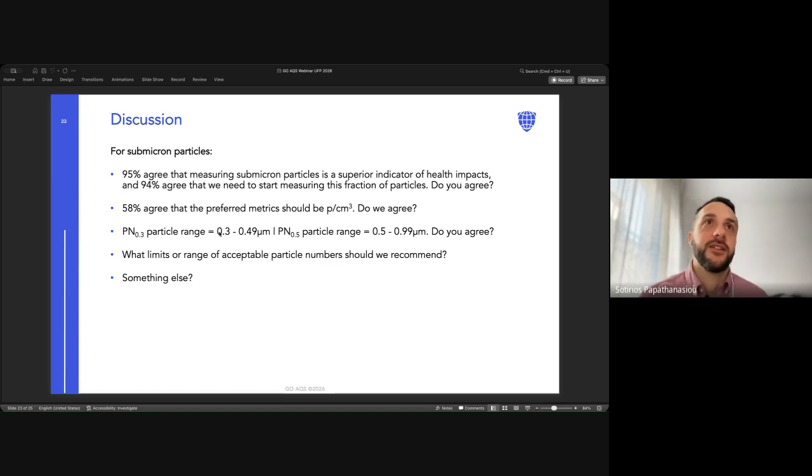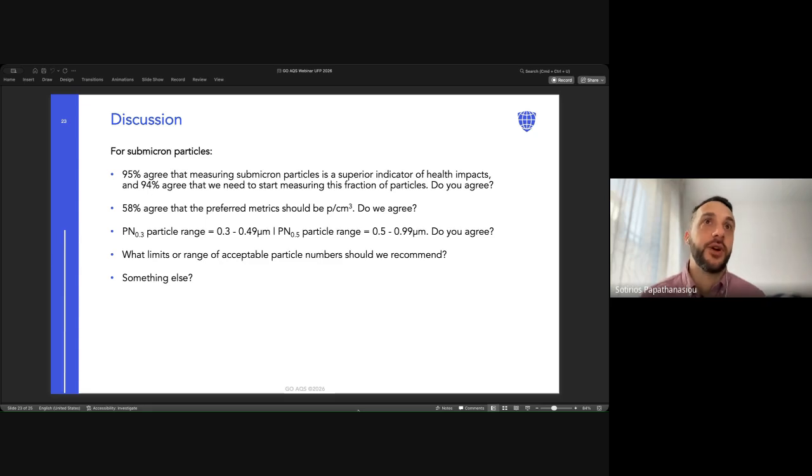Again, I think the preferable metric should be particles per cubic centimeter for submicron particles. I hope everyone agrees. You can also use the interactions, a thumbs up or a clap, to give me a little bit of feedback. And when it comes to the size of the particles, I get that those are the ranges when we are talking about 0.3 or 0.5. I hope you agree and you haven't found something different.